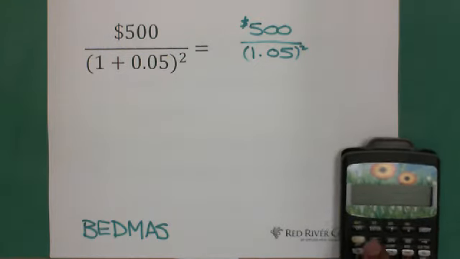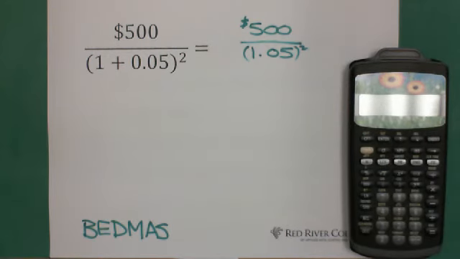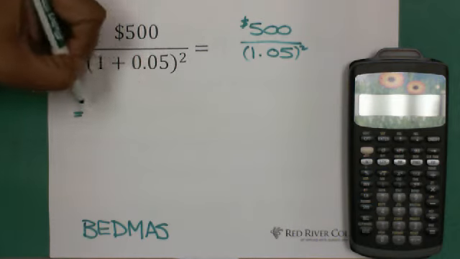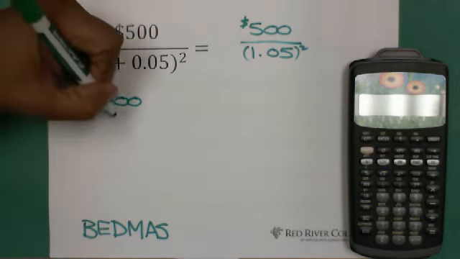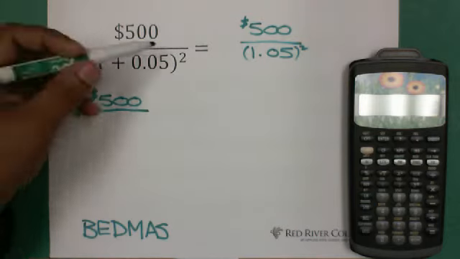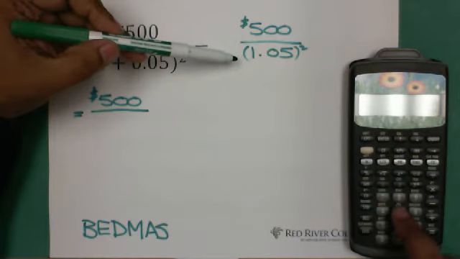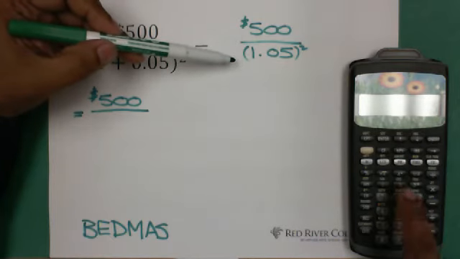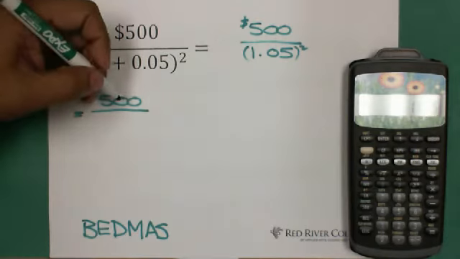Let's pull out my BA II Plus calculator, and I'll resolve that. 500 divided by 1.05 squared. 1.05, and then I'm going to hit the x squared button right here below the PV button. That will square whatever number is showing on the display at the time.